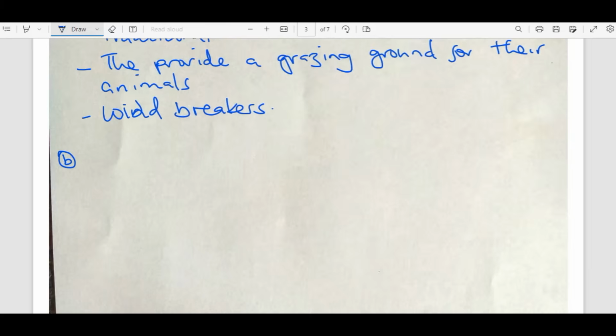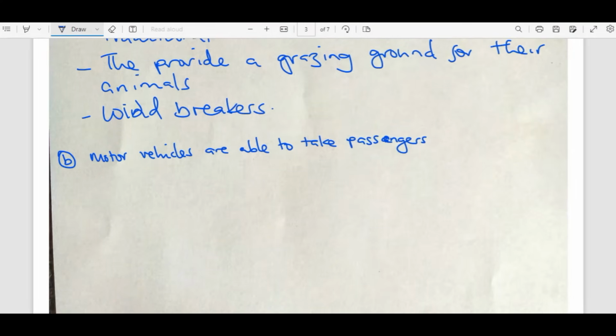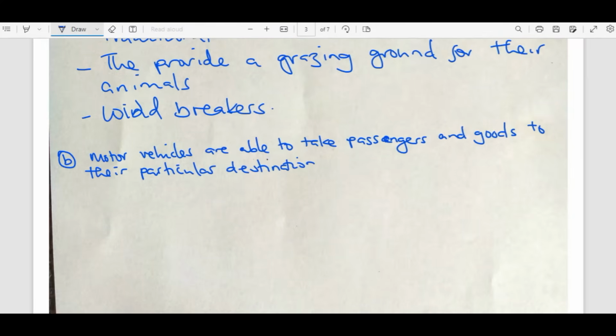So number 1, we can say motor vehicles are able to take passengers and goods to their particular destinations. So that is the first one.